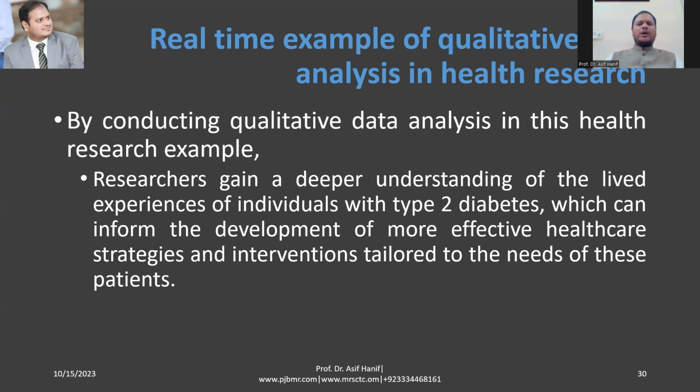So by conducting qualitative analysis in this health research example, the researcher gained a deeper understanding of the lived experience of individuals with type 2 diabetes, which can inform the development of more effective healthcare strategies and interventions tailored to the needs of the patients.